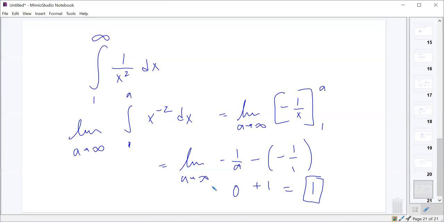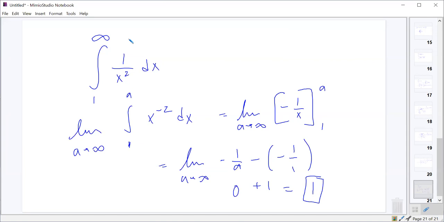Just to briefly touch on the series stuff, you can also use these integrals if you have a series that looks like 1 over x squared. Like if I had the series 1 plus 1/4 plus 1/9 plus 1/16, infinitely long, we could rewrite it as an integral and use the integral test, because we know it's a series that has all positive terms and is always decreasing.